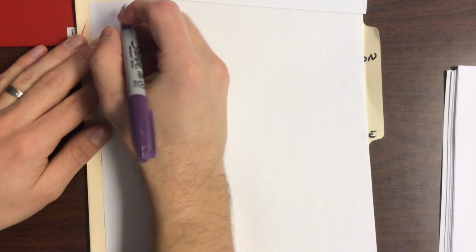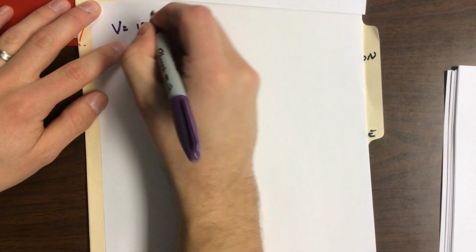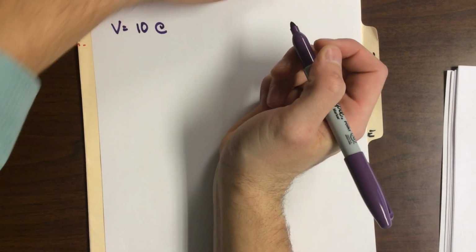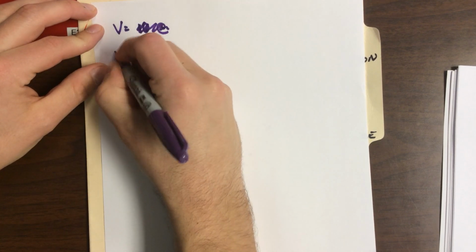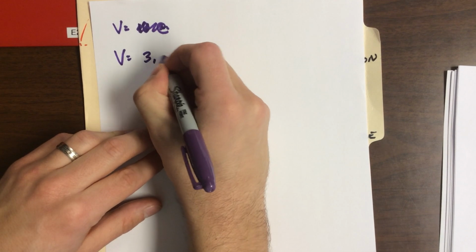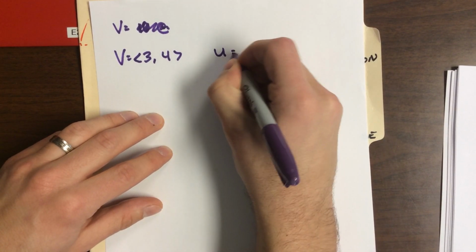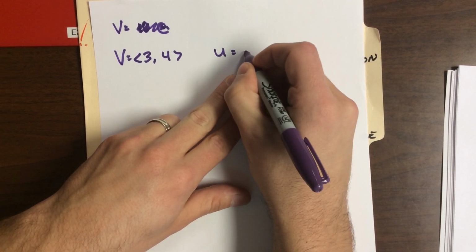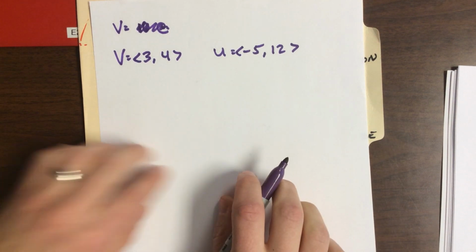Let's take our 2 vectors. We don't want to do that. That's too easy. Let's say our vector V is 3, 4, and vector U is -5, 12.